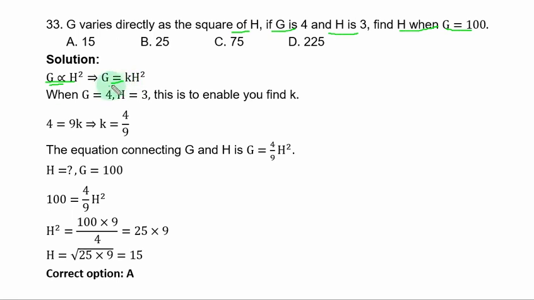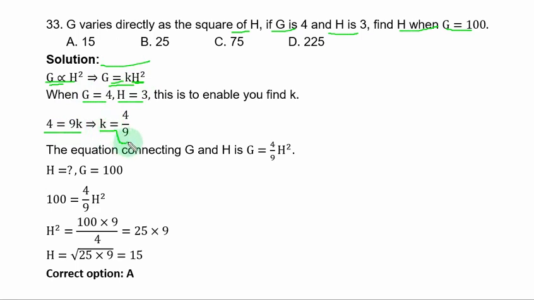So we are to get k. That is why G is equal to 4, h equal to 3. If you replace G and h with what they stand for, you have 4 equal to 9k, since 3 squared is 9, and k is 4 over 9.